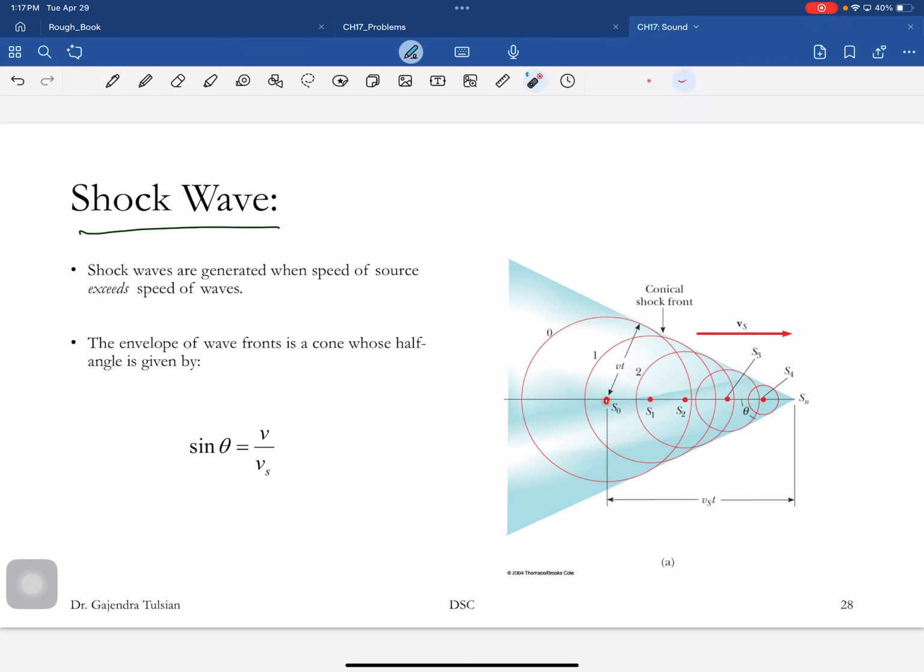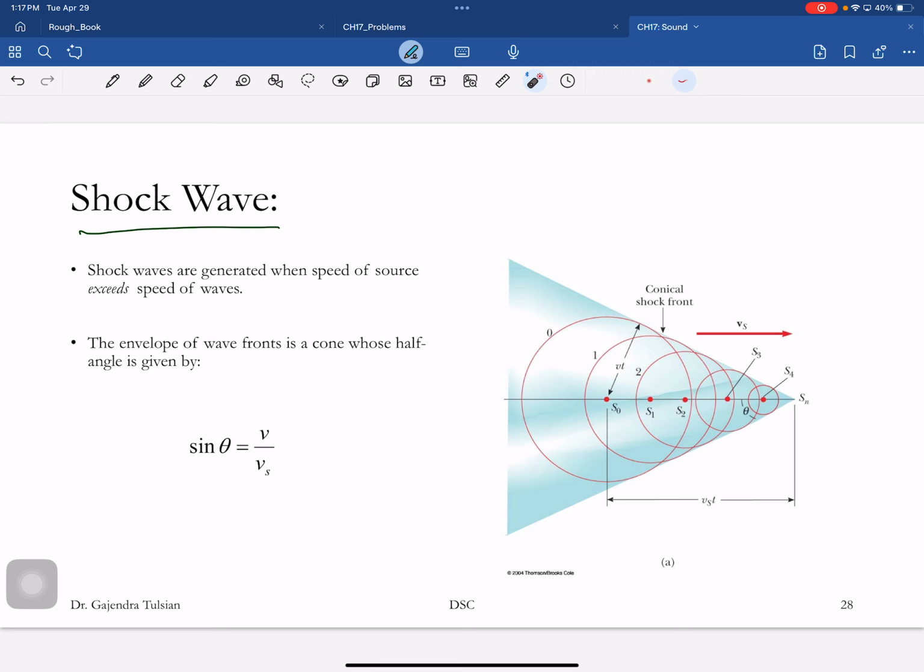When the source was here, it produced sound, and after time t, the source has traveled to that point, but it is traveling faster than the sound, and the sound has only traveled to this point. Okay, so the sound has traveled that far. The source has traveled further, has gone past that. And when the source was here, the sound it produced has traveled there, and the source is there.